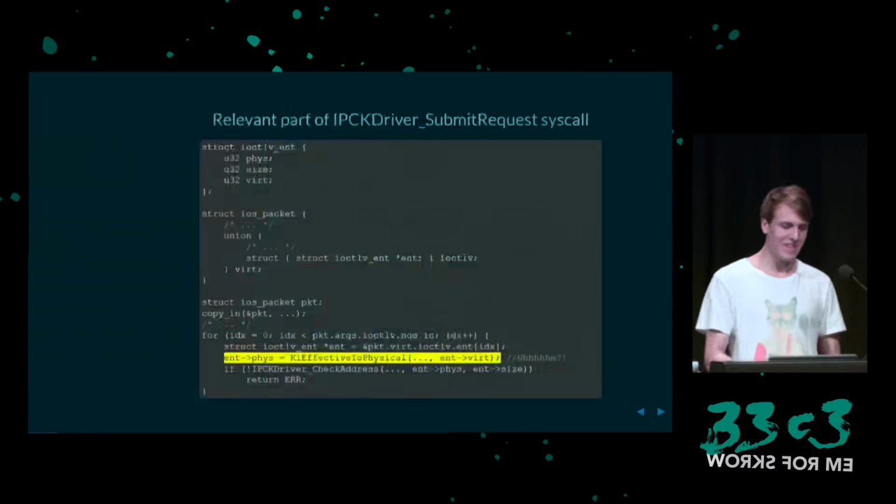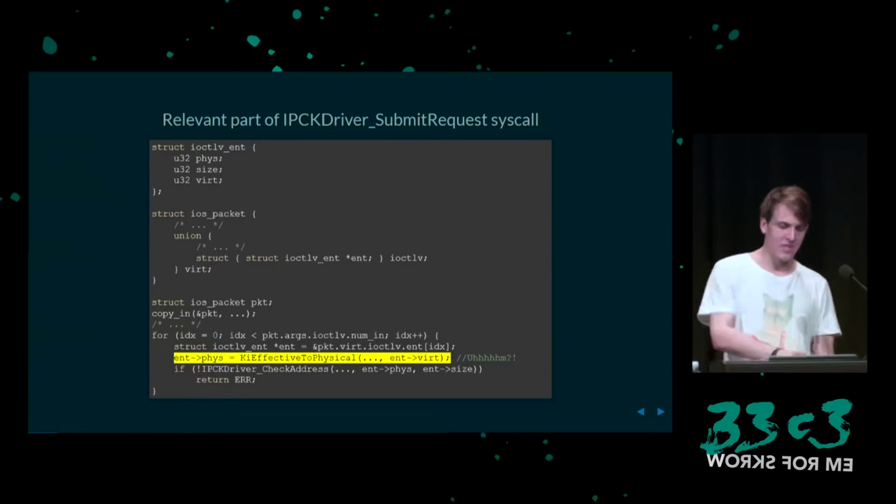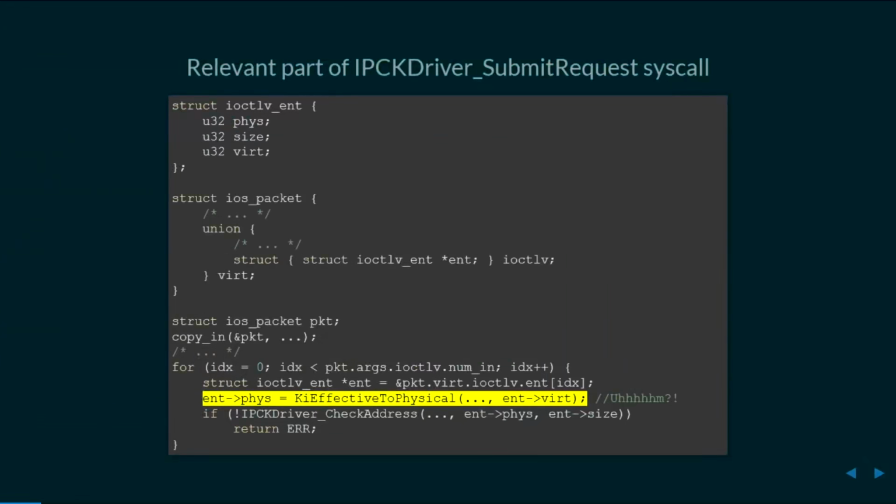So let's look at the relevant part. I'm really sorry I'm showing you this code here, but it's not much more than that. There's something called iOS packet in the second line, which is this request that we submit from user mode into kernel mode. And in the top line, there's this special request entry. It contains a physical address, a buffer size, and a virtual address.